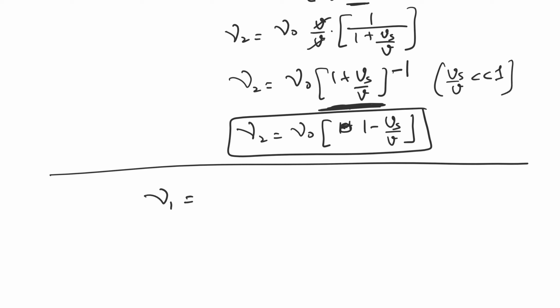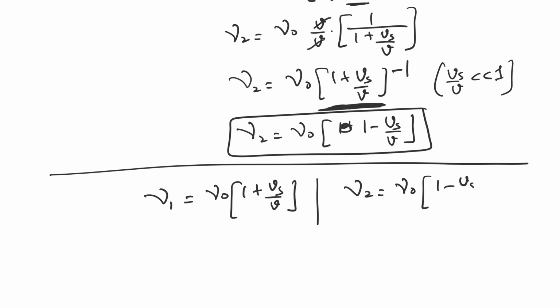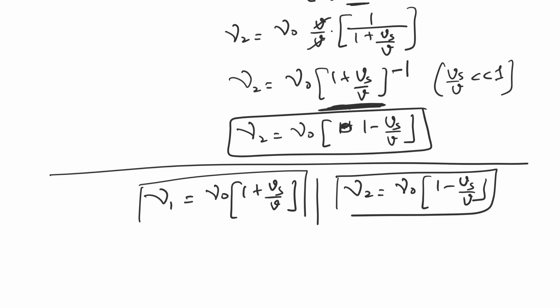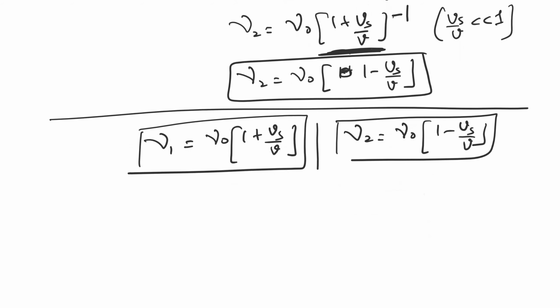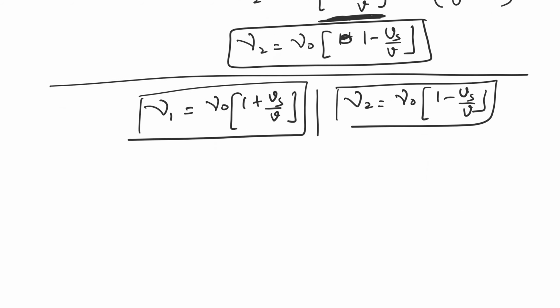So now we have two frequencies heard by the observer. The first frequency, due to the first tuning fork, is nu naught times 1 plus vs by v, and the second frequency is nu naught times 1 minus vs by v. When an observer hears two frequencies, he would experience something known as beats, due to the difference in the frequencies of sound.